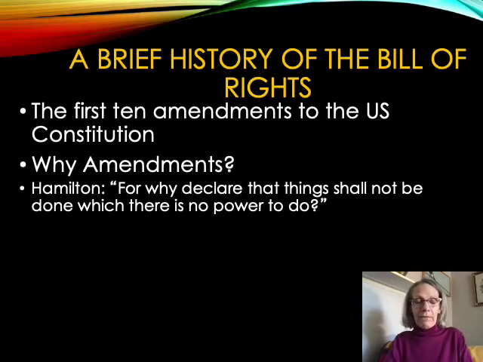As the ratification process started, a lot of the states were looking at all the expanded power that this federal government was going to get under this new constitution, and they started worrying. They were basically saying, wait a second, the federal government has way too much power. Where is protection from that power in the Constitution? How are individuals protected from these new expansive powers of the government? How are states protected?